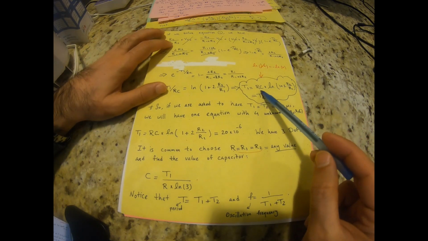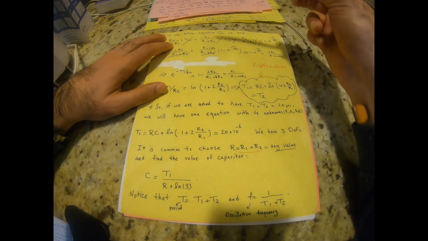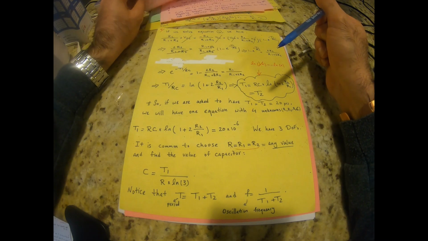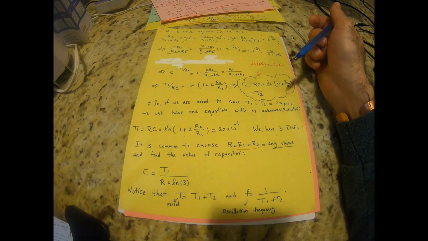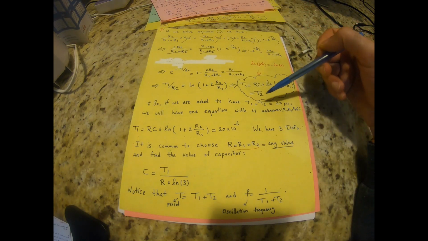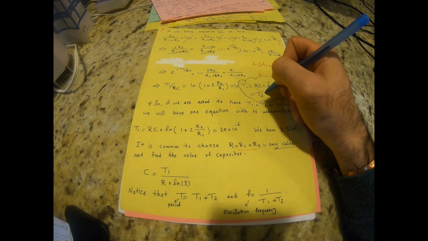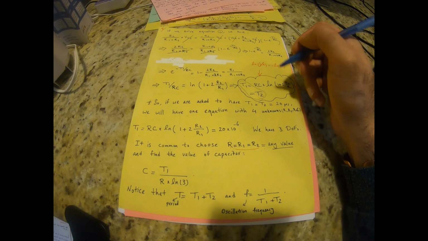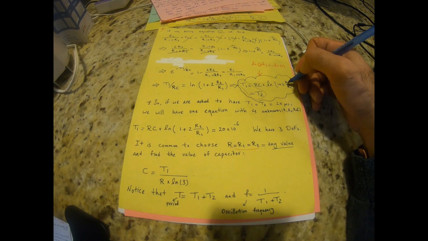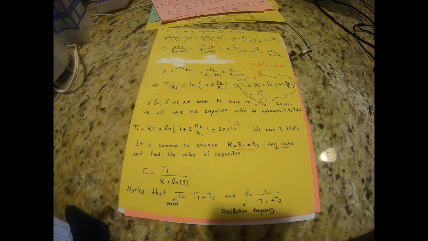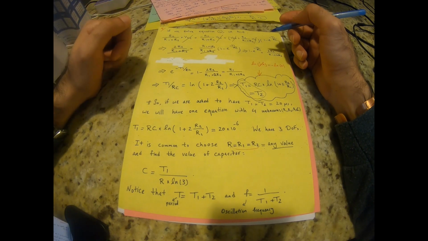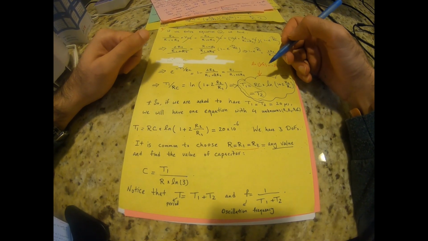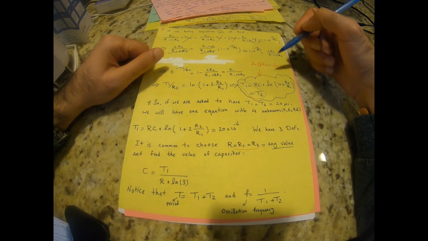So by changing this, you can make this signal go faster or slower. So we can change the frequency of the signal. Its duty cycle is always going to be 50% because T1 and T2 are the same. But you can change the frequency of it or the period of the signal.